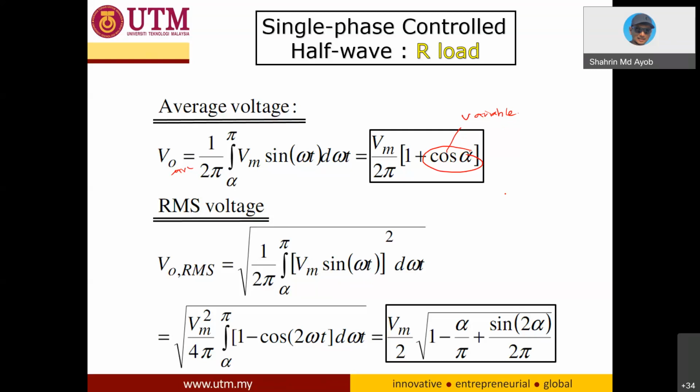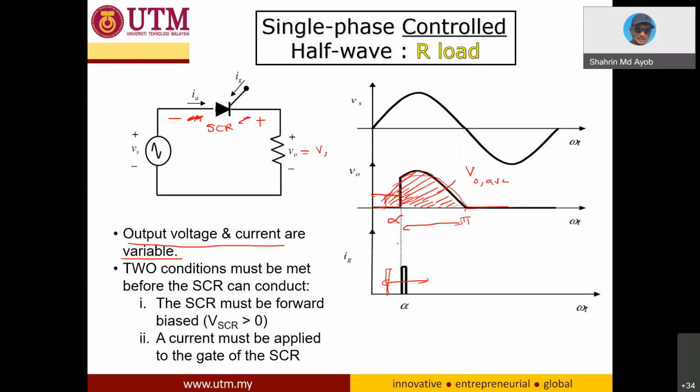If alpha is 0, meaning there is no delay in the triggering signal, you trigger at 0 degrees. When the SCR is forward biased and you haven't delayed the triggering signal, it will have a shape like a diode rectifier.